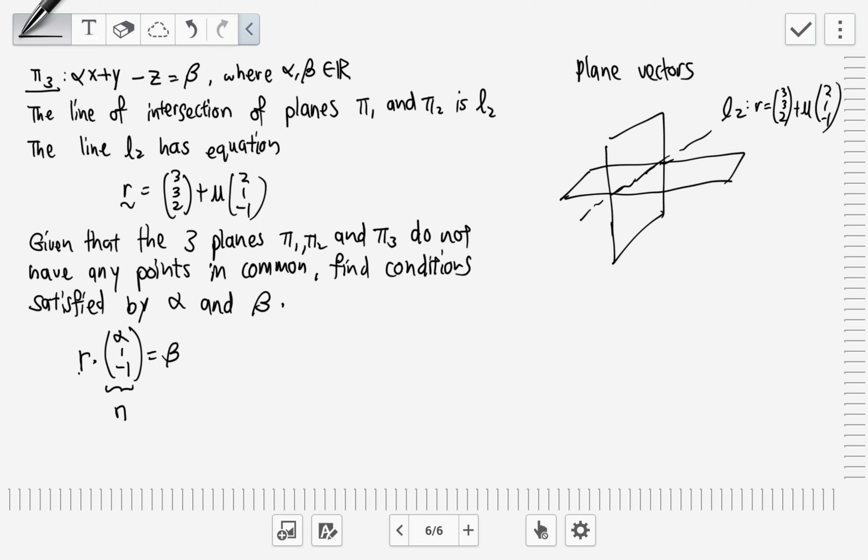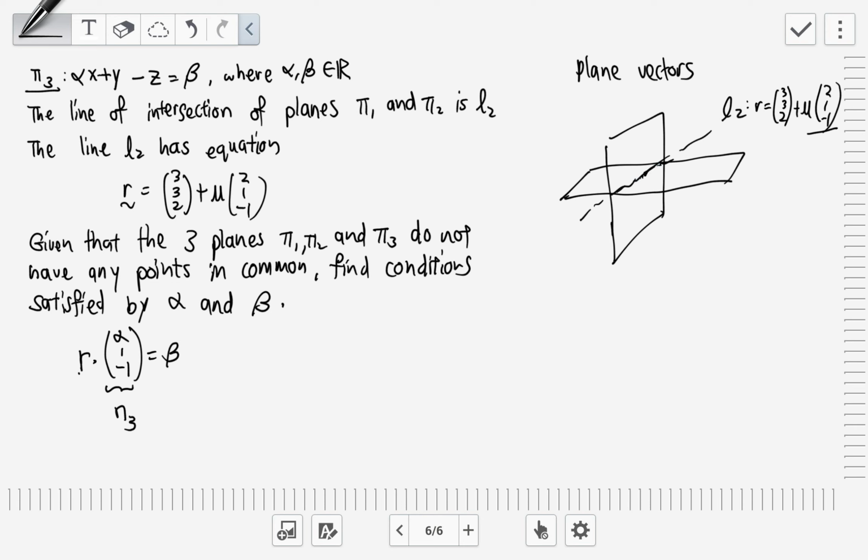If plane 3 does not have a common point with the other two planes, that means the normal to plane 3 must be perpendicular to the direction vector of this line L2. Because if it is not perpendicular, then the plane would intersect the first two planes on this line, and we will have a point in common.